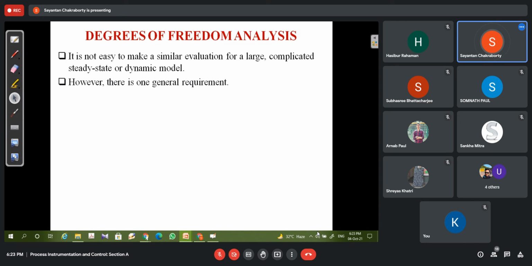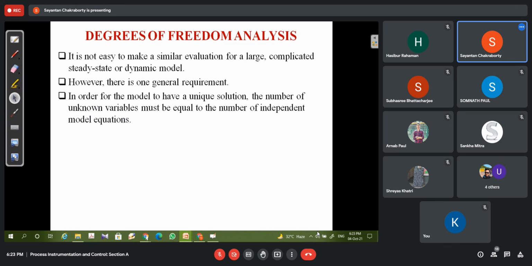Let us see. For this, there's one general requirement. Okay, what is the requirement? If you recall, for a model or a set of equations to have a unique solution, the number of unknown variables must be equal to the number of independent model equations, right? This is the primary condition for a set of equations to have a unique solution.